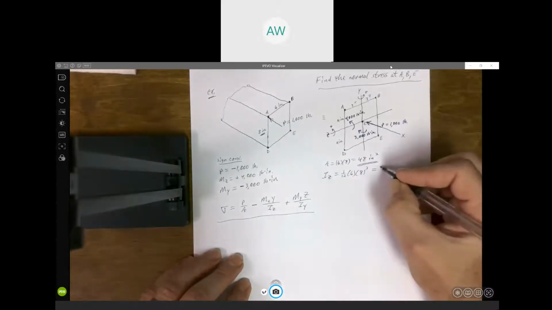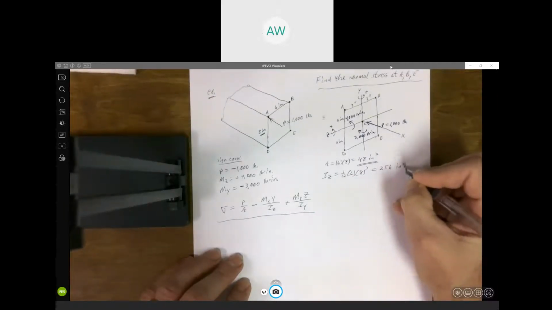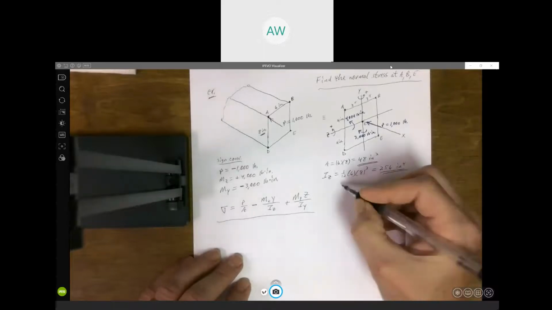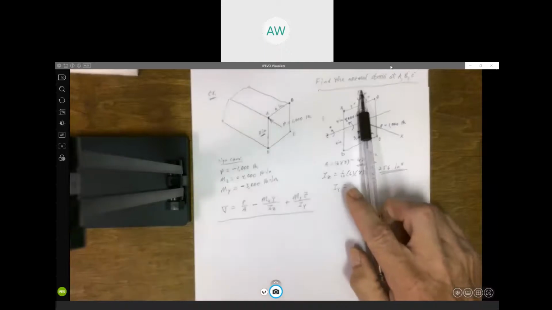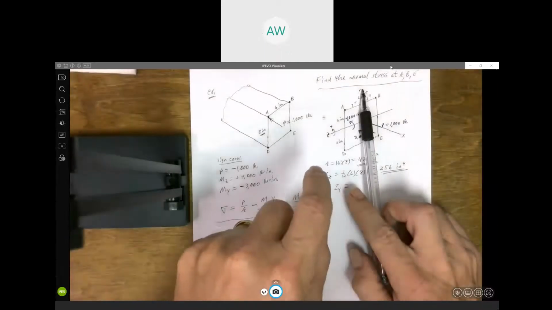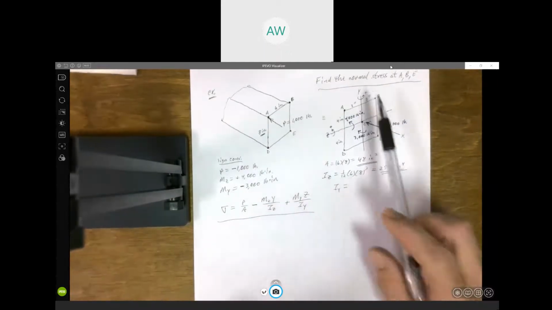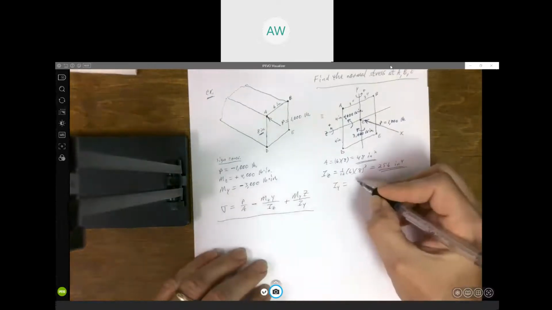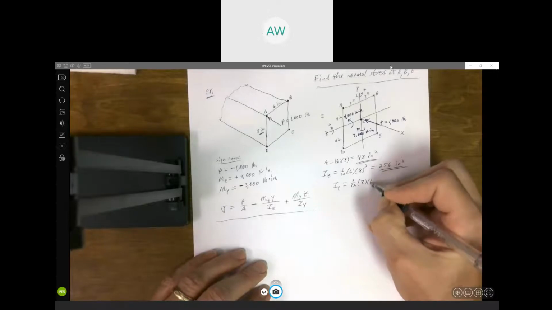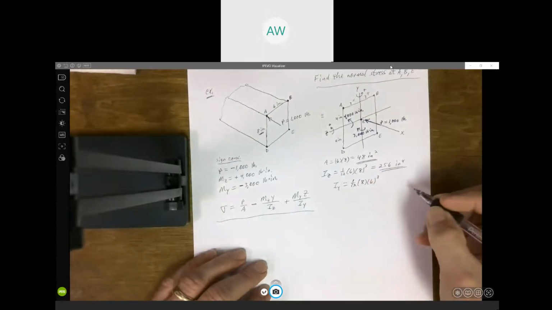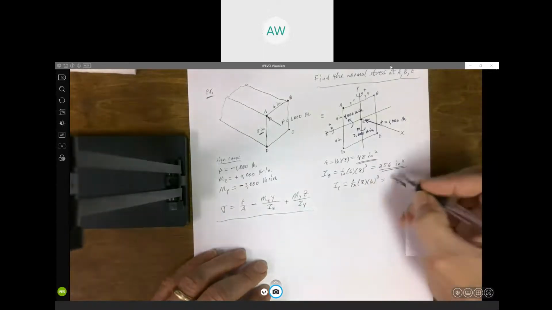I've got 256 inches to the 4th. Iy, with respect to the y-axis, 8 inches is the base, and 6 is the height. We just interchange the base and height. So it'll be 1/12 times 8 times 6 cubed. And that's 144.